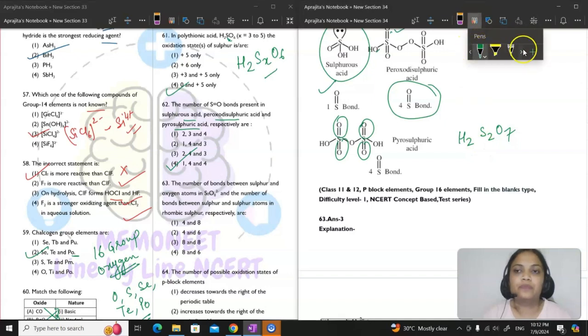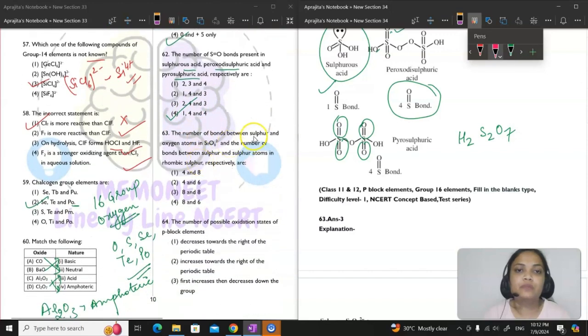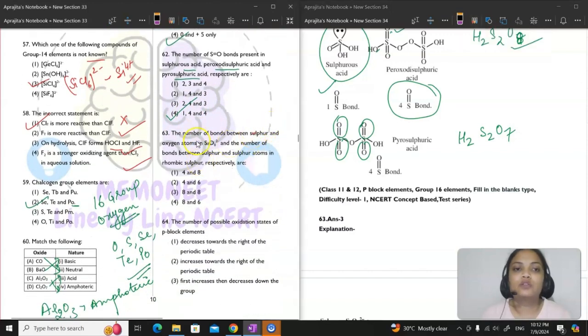Okay. Next up, question number 63. The number of bonds between sulfur and oxygen atoms in S2O8 2-, and the number of bonds between sulfur and sulfur atoms in rhombic sulfur are.